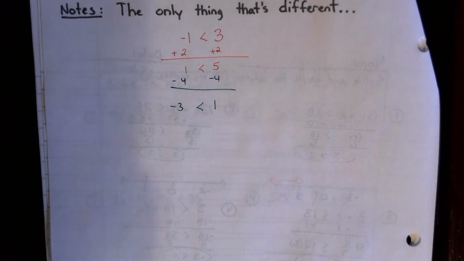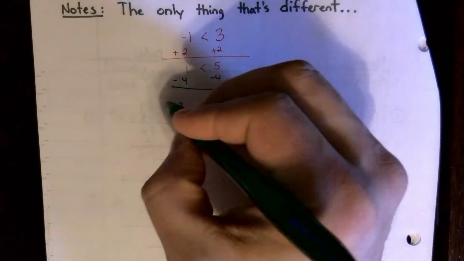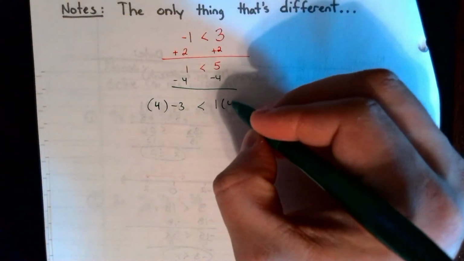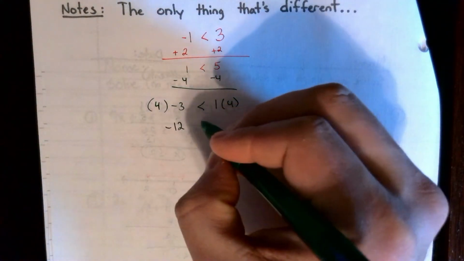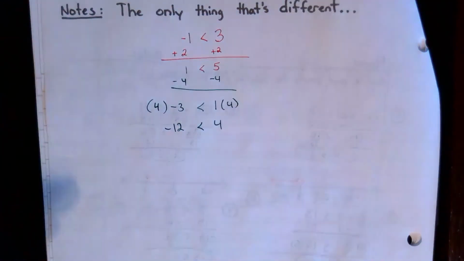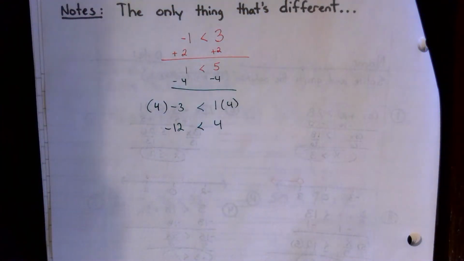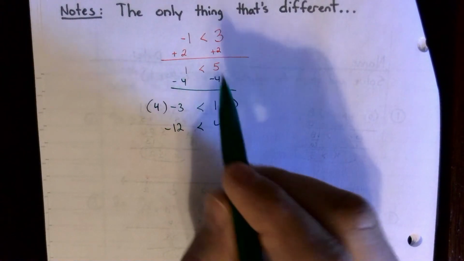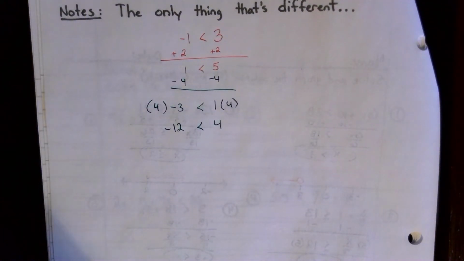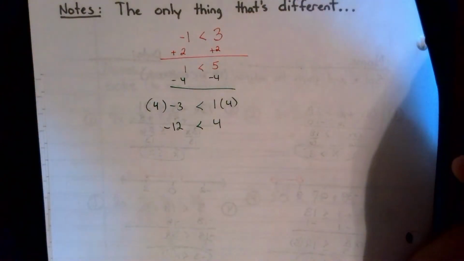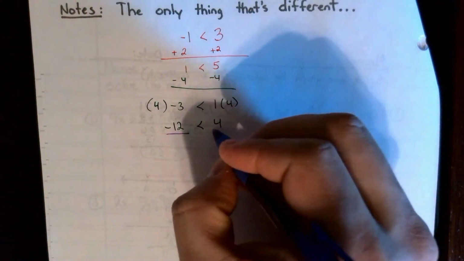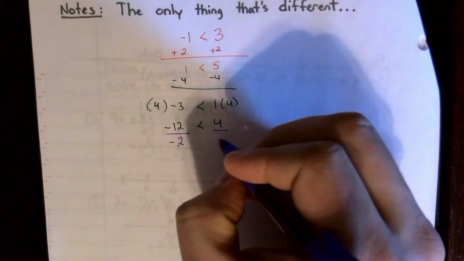All right, and I could multiply both sides by 4. Let's say -12 is certainly less than 4. So for the most part, all of these different algebra steps hold true, and I continue to get true statements. However, one thing that throws a wrench in everything is if you decide all of a sudden to divide, let's say, by a negative number.